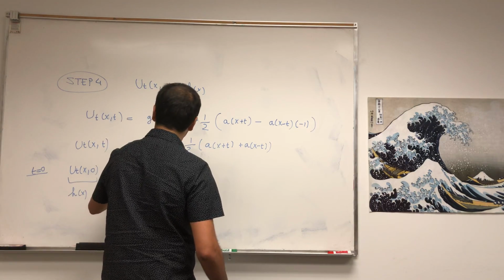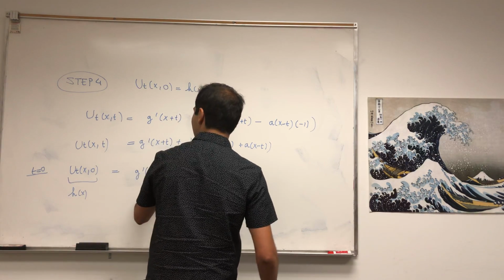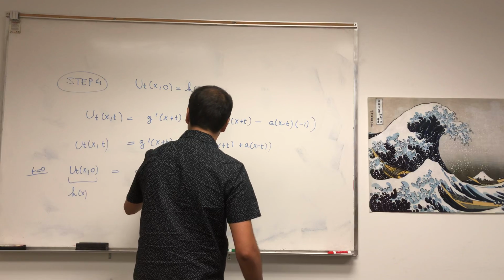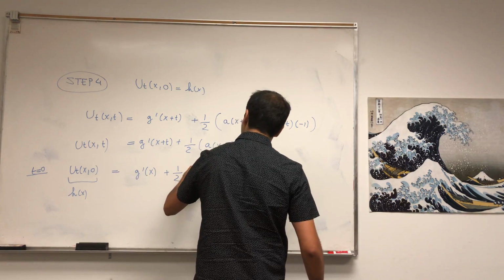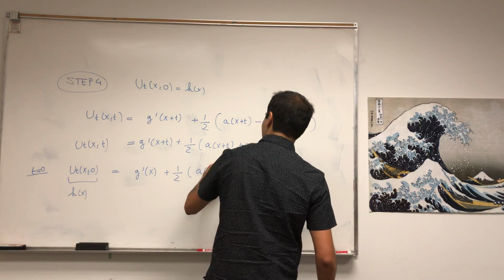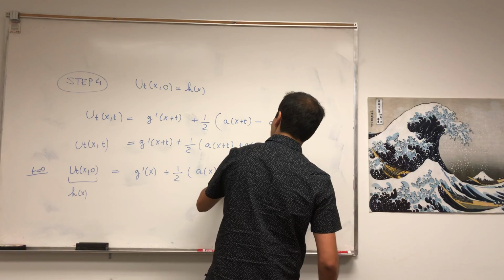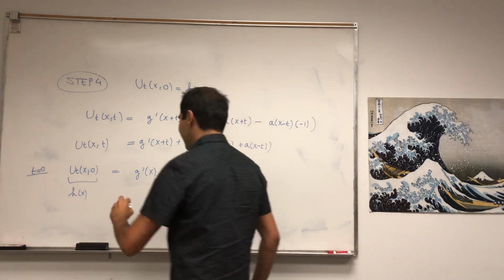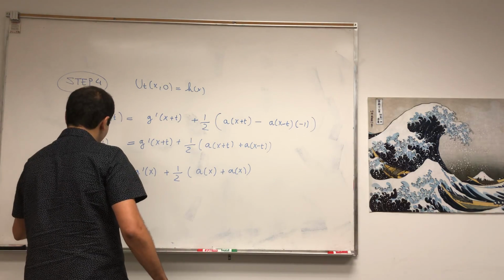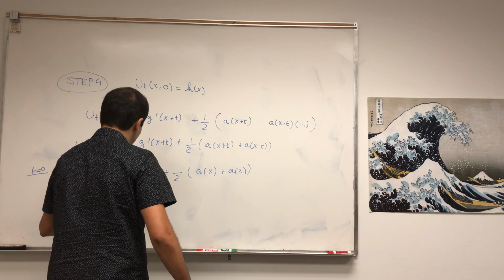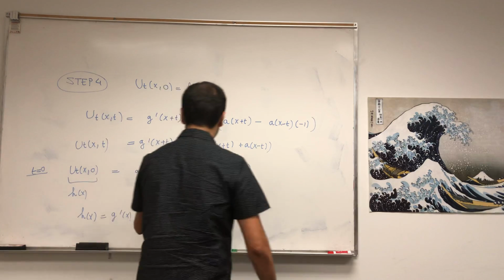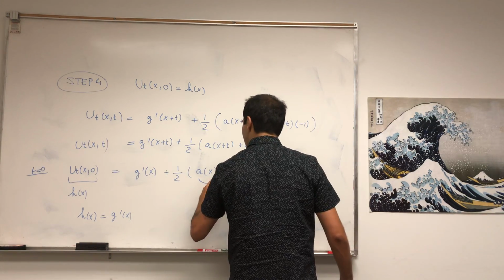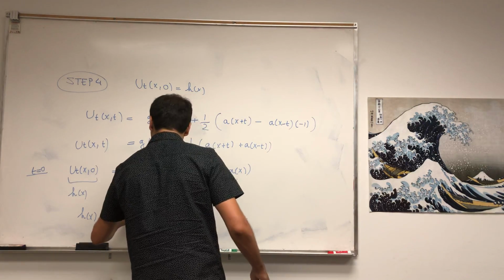On the other hand, we get g prime of x plus 0, which is x, plus 1/2, something kind of cute, a of x plus 0 plus a of x minus 0, which is a of x plus a of x. So h of x equals g prime of x plus 1/2 of 2a, which is a.